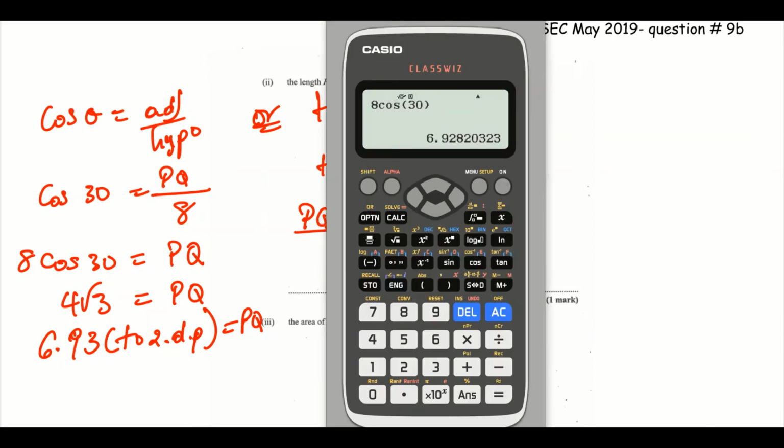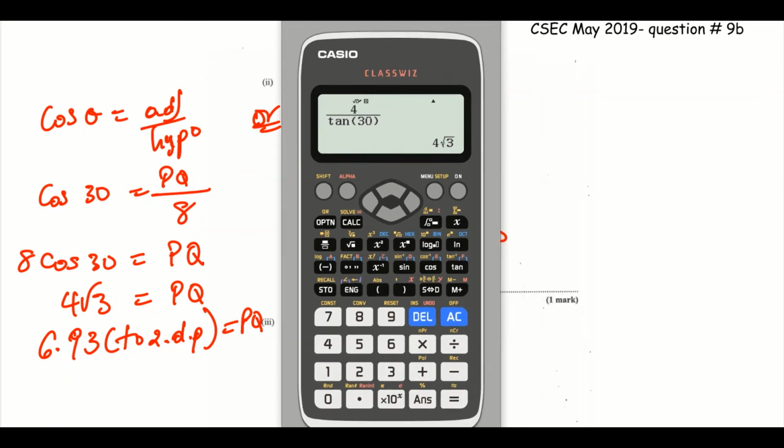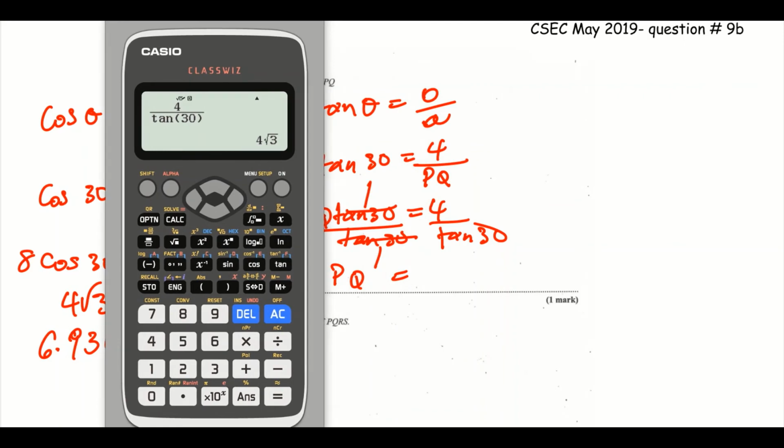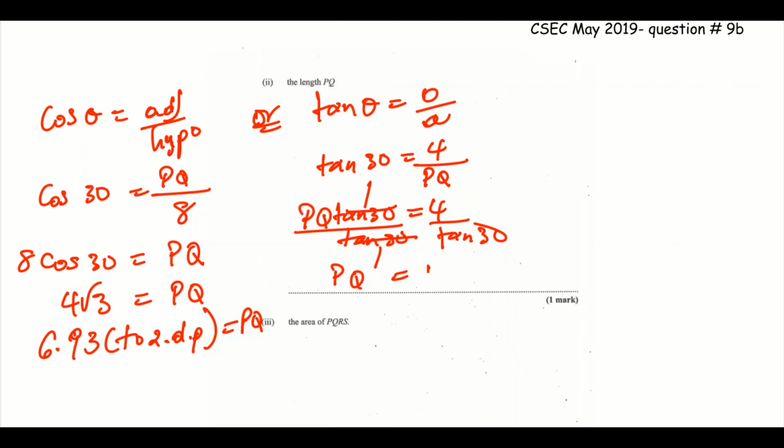Let's see what we get. Voila! What do you know? 4 root 3, which is the same as 6.93 to 2 decimal places.